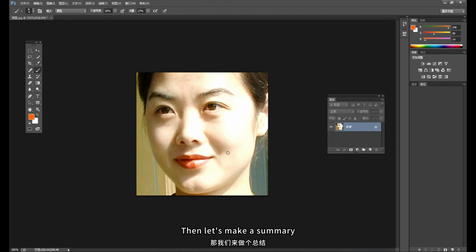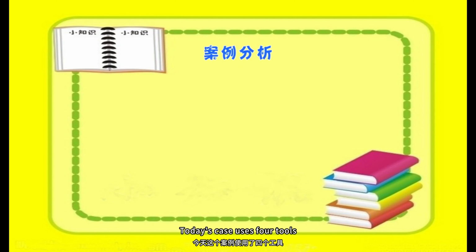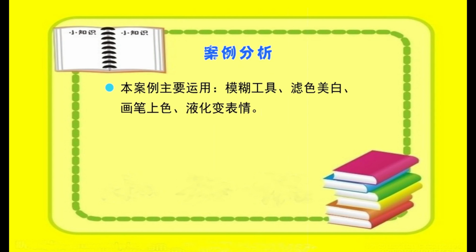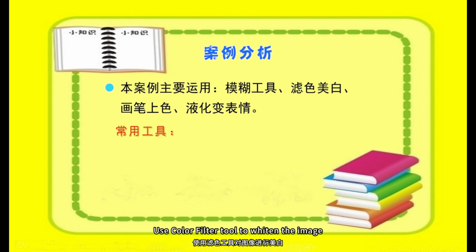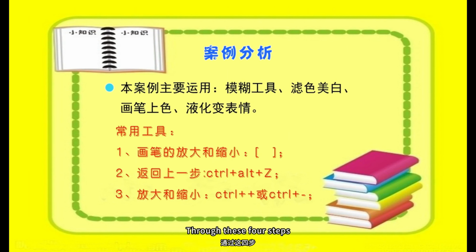Then let's make a summary. Today's case uses 4 tools. Use the blur tool to skin the image. Use the color filter to whiten the image. Color the image using the brush tool. Use the liquify tool to change the image expression. Through these 4 steps we completed the beautification of this image.